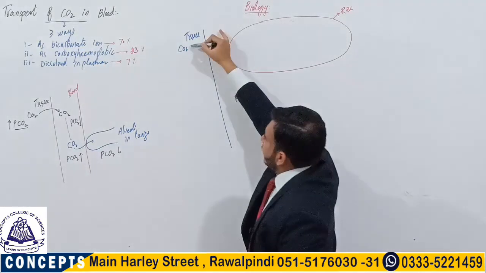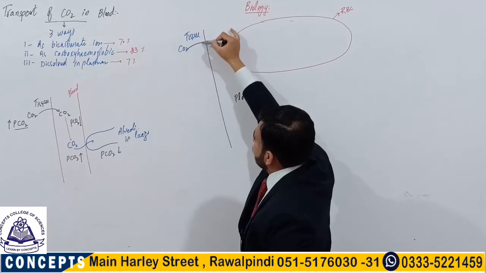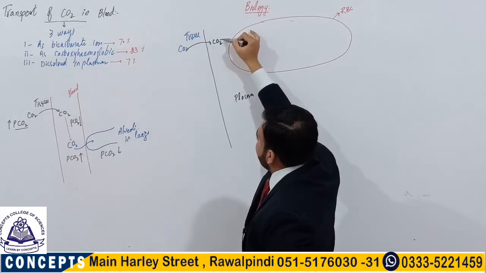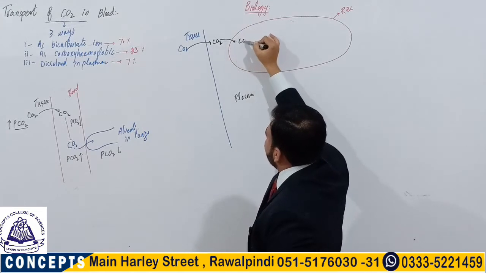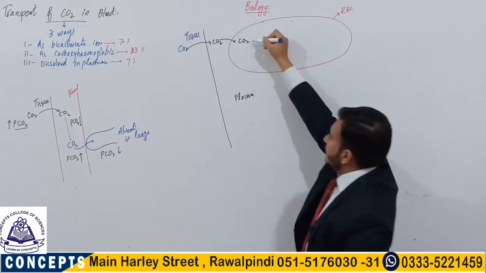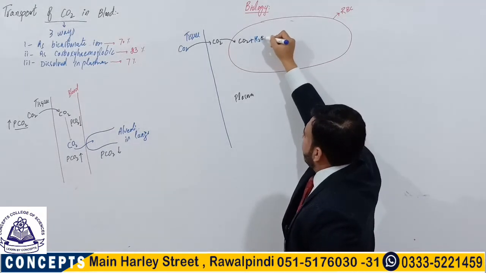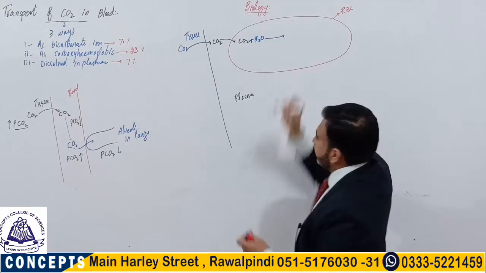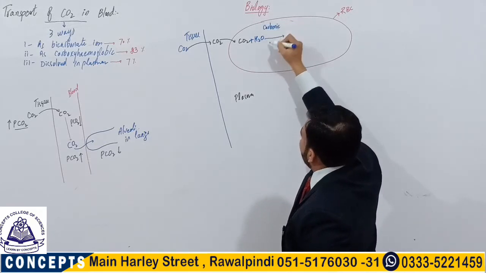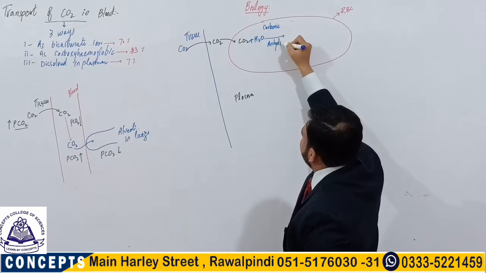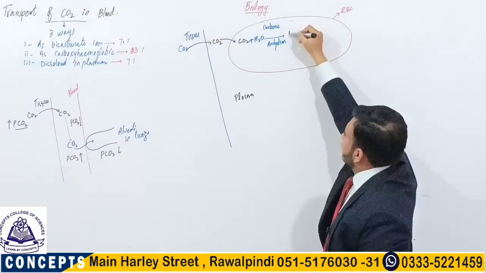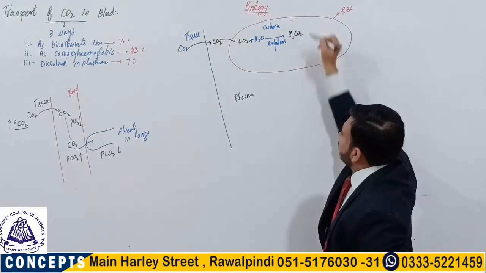When carbon dioxide diffuses from tissue into plasma, it enters the RBC, where carbon dioxide reacts with water in the presence of an enzyme known as carbonic anhydrase, and as a result, carbonic acid is formed.